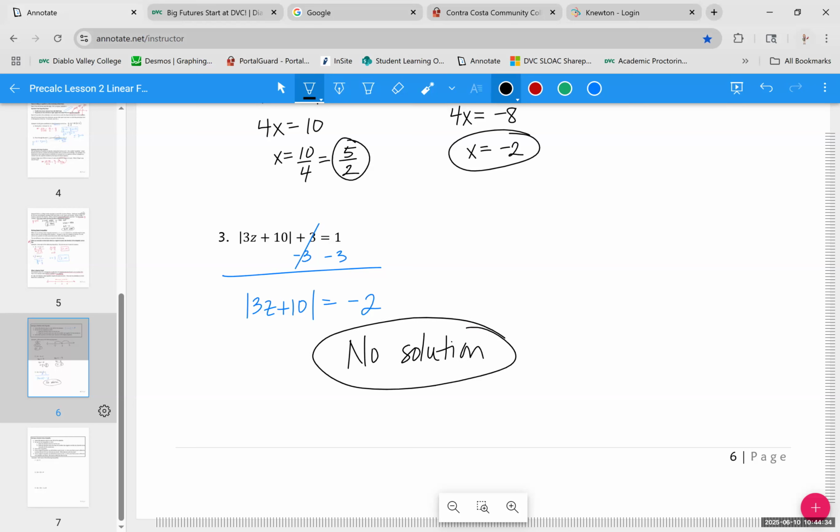It is true that you could break this up and do 3z plus 10 equals -2, and then flip the other to +2. But whatever answers you get here are not going to check in this original equation. So the best place to find it is at this step here, where you're going to solve and you see that it's equal to a negative. Then no, that's not going to happen. No solution.